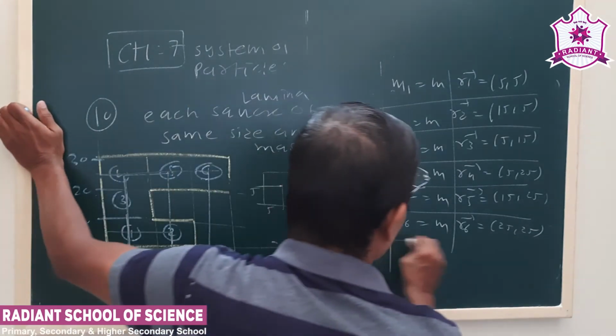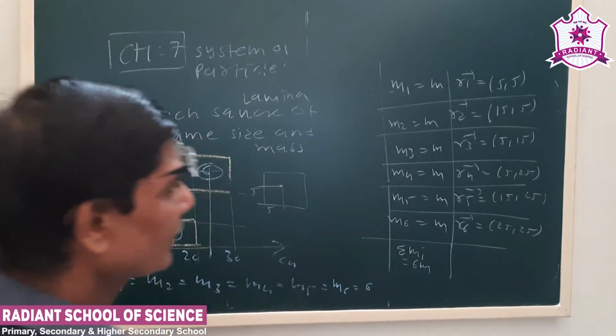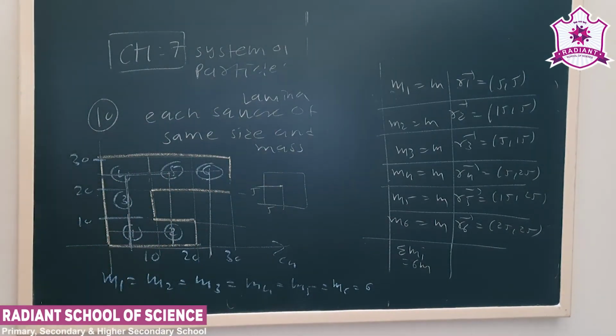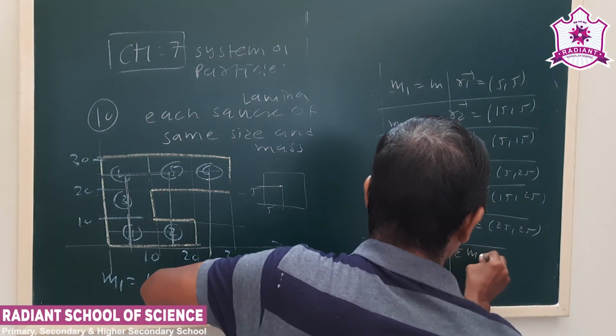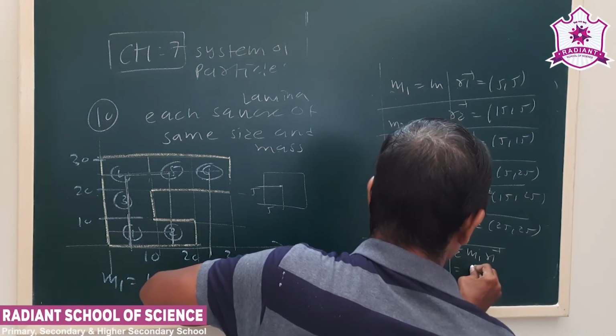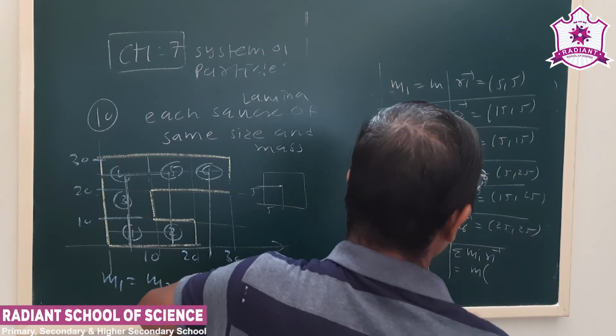Okay, it is important to decide the mass. See here, the total mass, sigma mi, is 6m. And sigma mi ri: we can take m common.